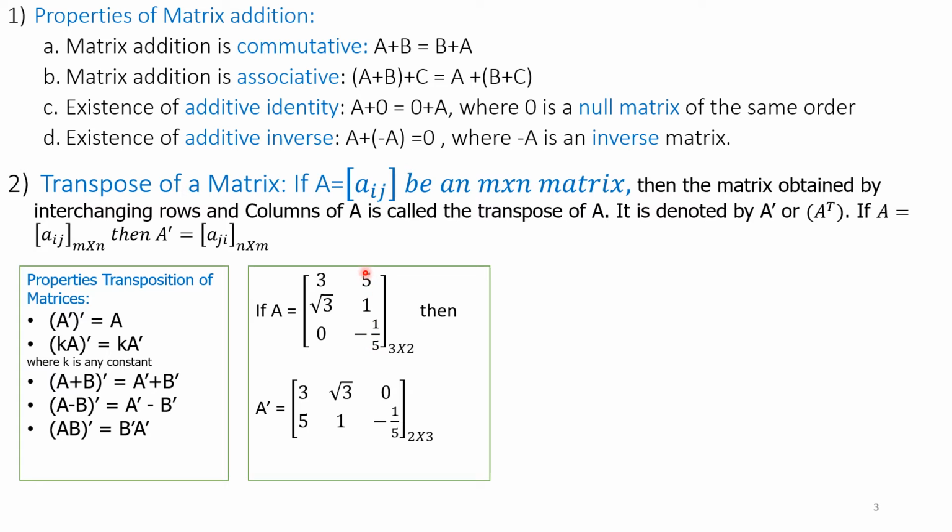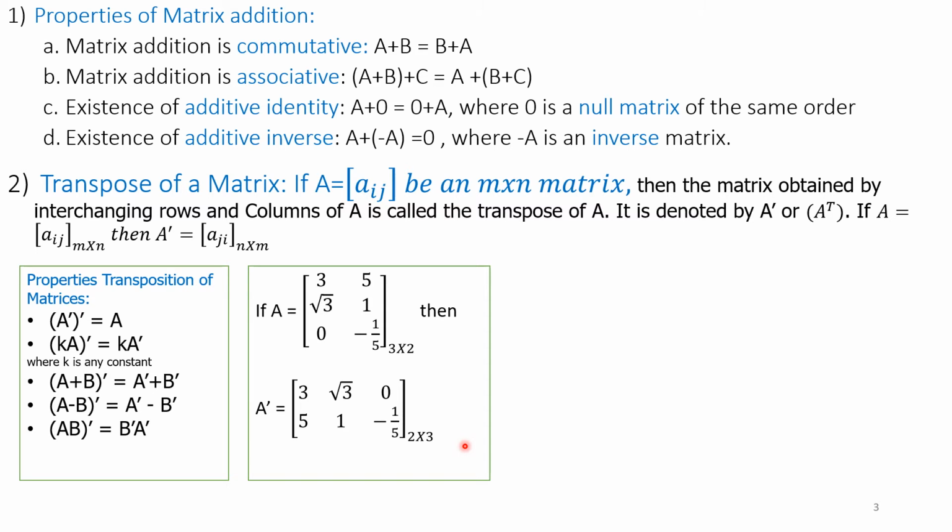This we will put in the second row of A dash. Therefore, it is 5, 1 and minus 5. If you see here in A dash, there are 2 rows, this is first row and this is second row, and 3 columns, this is first column, second column and third column. So, the order of this matrix is 2 by 3. This is an example of transposition.